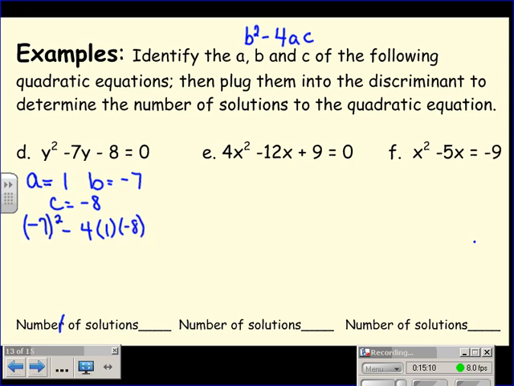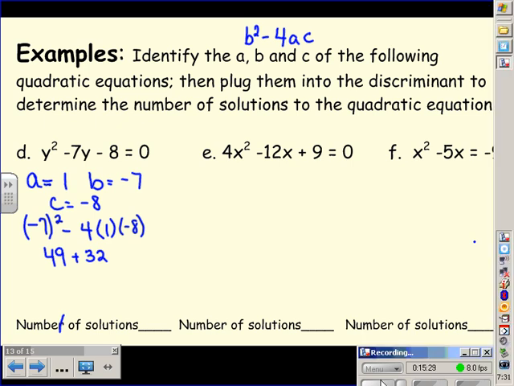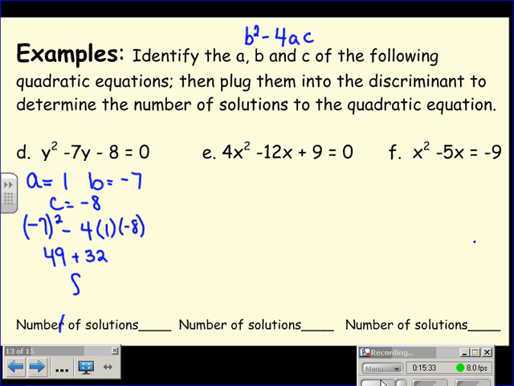Negative 7 squared is a positive 49, minus negative 4 times negative 8 will be a positive 32. 49 plus 32 is going to be 81. So I'm going to have 81. 81 is a perfect square. So if I have a perfect square underneath my radical, that would mean I have two solutions.